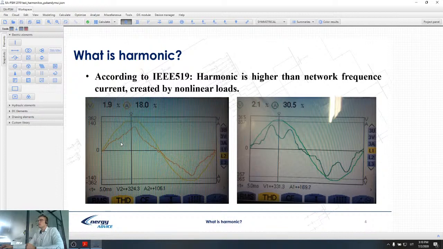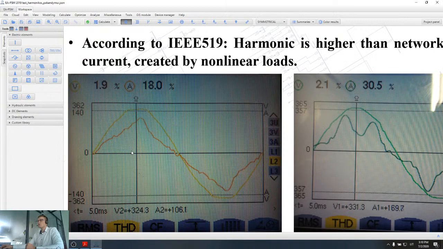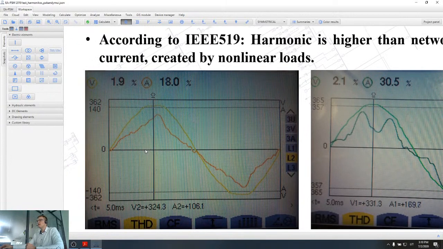So here are several examples of different harmonic levels measured with a power analyzer. In the first picture, with the yellow and orange curves, the orange one is showing current. We can see that the current has more of a triangular form, not a sinusoid, and the total harmonic distortion of this current is 18%.